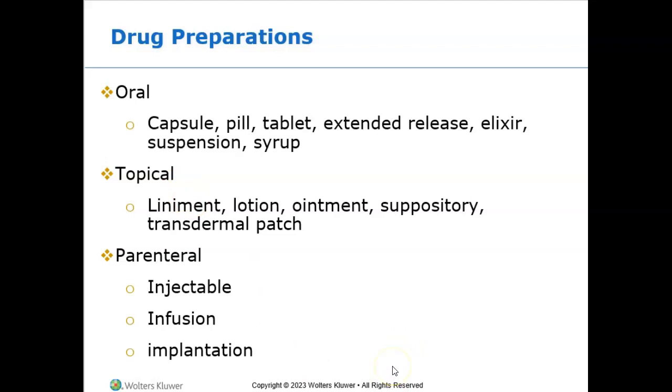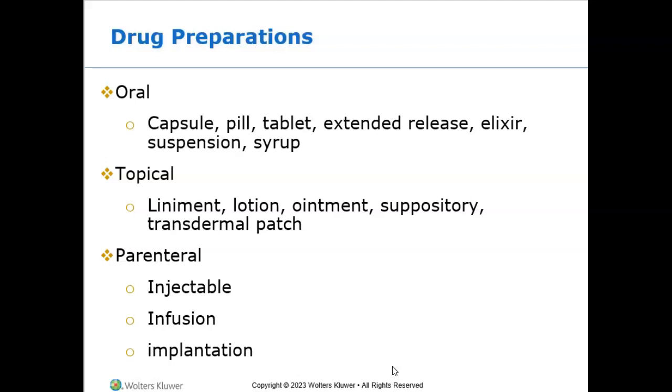Topical is just what it sounds like. It goes on top of the skin and it's absorbed. So, liniment, which is funny: my grandma used to have horse liniment, and she would put that on our sore muscles after we worked out all day in the garden. It was the best thing ever. I love that stuff.